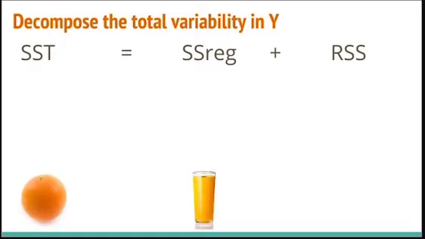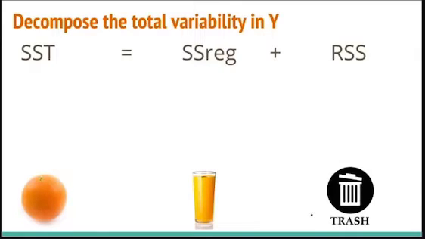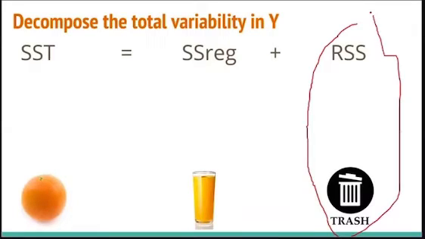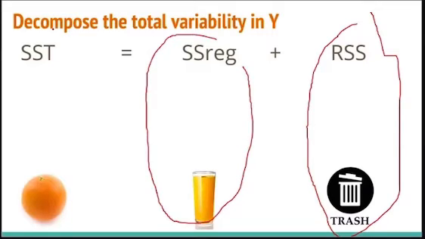Where is the other part going to go? It's going to go into the trash. This is the trash, this is that, and this is the whole thing. Does that make sense? We want to make sure whatever goes into the trash is minimized.